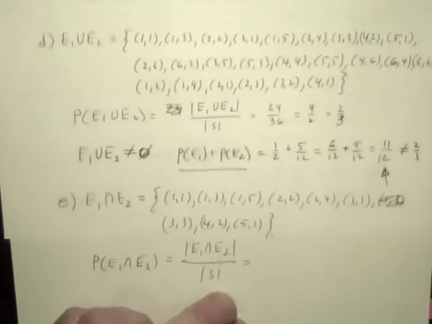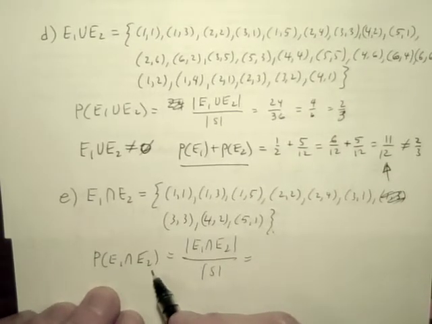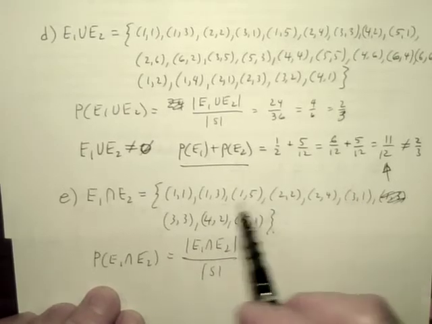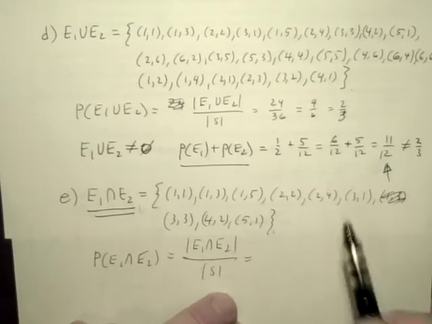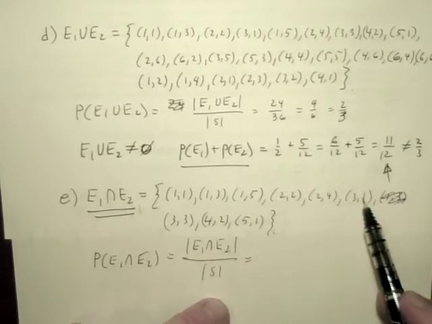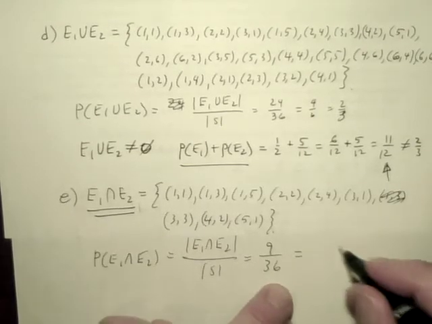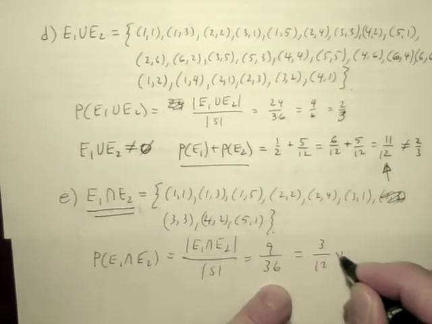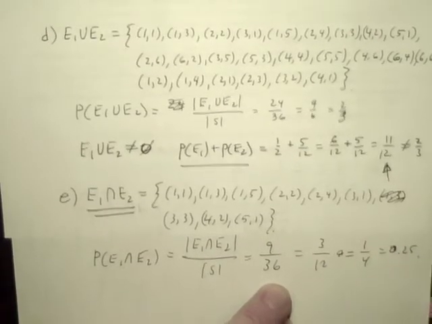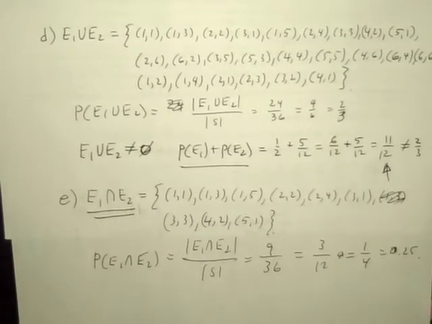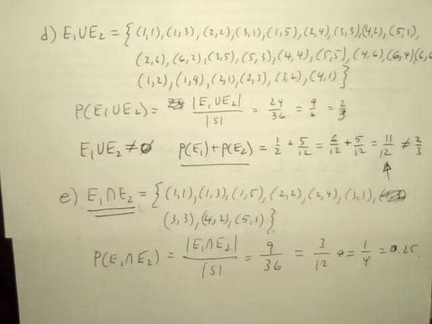Oops, sorry. So the probability of this intersection, well, I may have been off the page that whole time here. Here I wrote out the intersection, and there are 1, 2, 3, 4, 5, 6, 7, 8, 9 elements in there. 9 out of 36 is 3/12, or 1/4, or 0.25. Okay, so that should finish problem 11. Sorry if I went off the bottom of the page there.